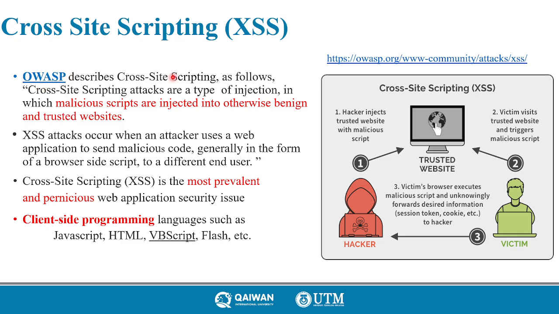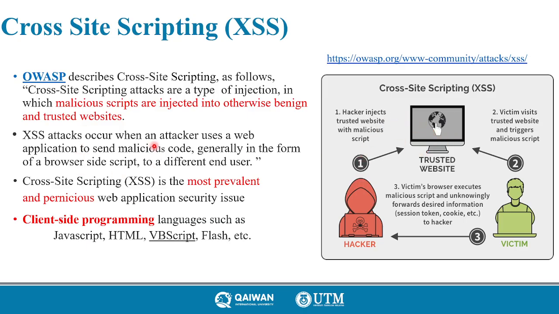Now, OWASP describes cross-site scripting as follows. OWASP is the Open Worldwide Application Security Project. Cross-site scripting attacks are a type of injection in which malicious scripts are injected into otherwise benign and trusted websites. So this hacker will put something in this trusted website.